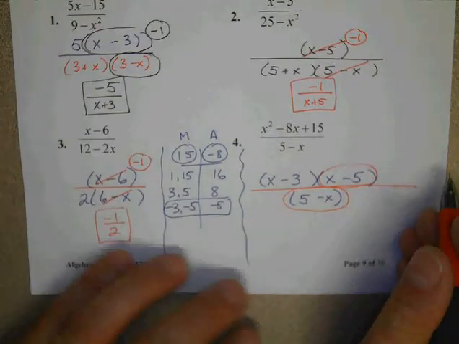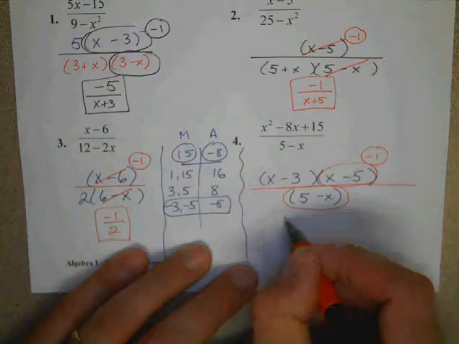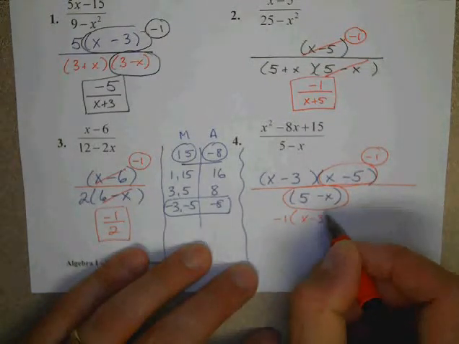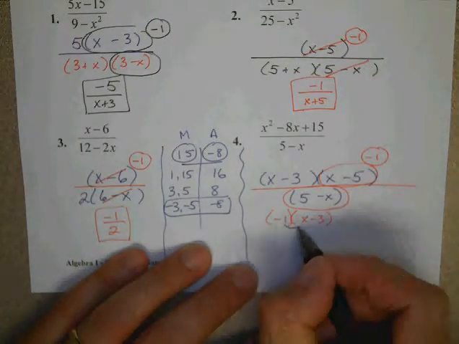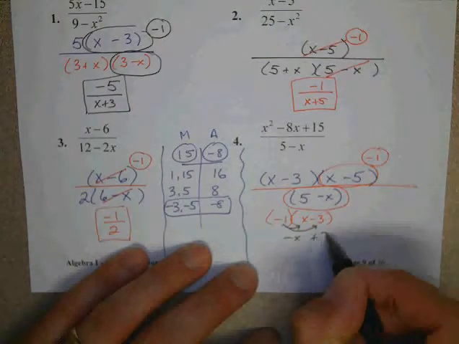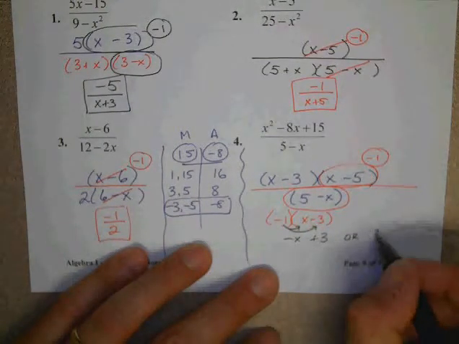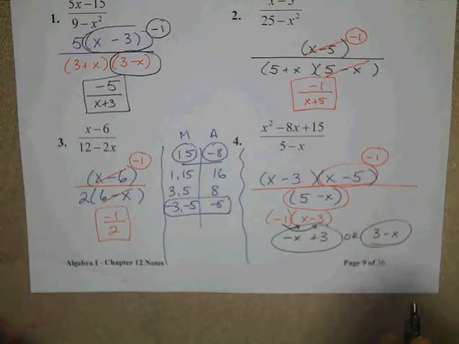And once again, opposites cancel to negative 1. So we have negative 1 times x minus 3. Now we're probably not going to leave our answer like that. We're going to distribute, just like we did at the very top, which is negative x plus 3 or 3 minus x. Either one of those will be the way that we're going to work that out.